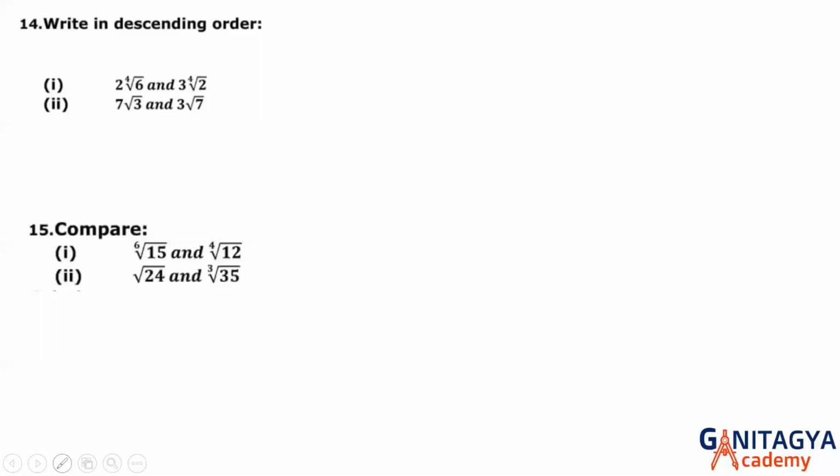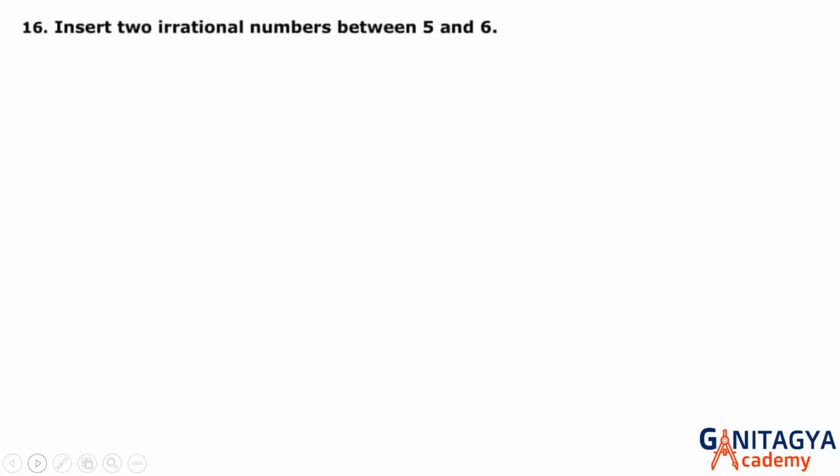The next question is: insert two irrational numbers between 5 and 6. So you know rational and irrational numbers. Let me revise it. First is rational number.